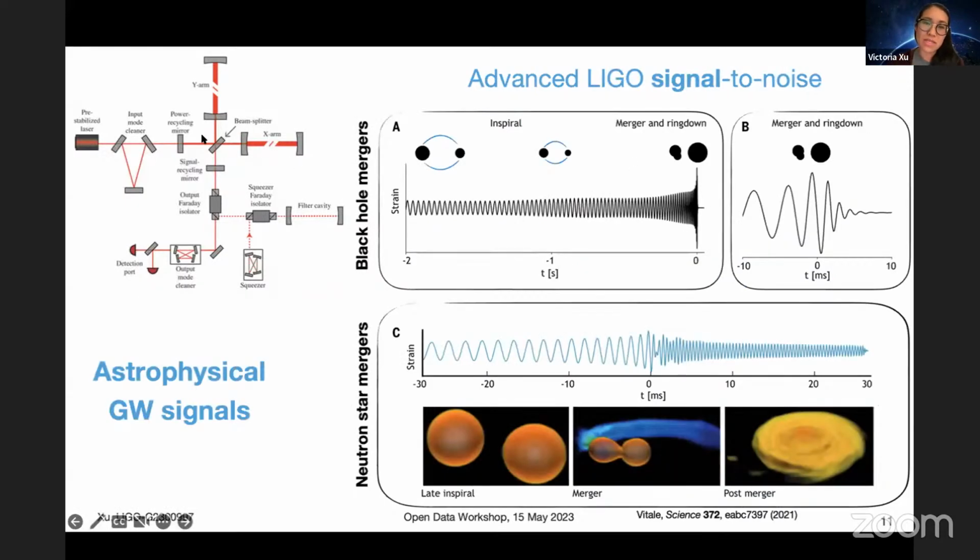So in terms of the gravitational wave signals, what you can see is that heavy black holes produce signals that are often slower. They ring over seconds as they inspiral and merge, compared to, for example, binary neutron star systems.